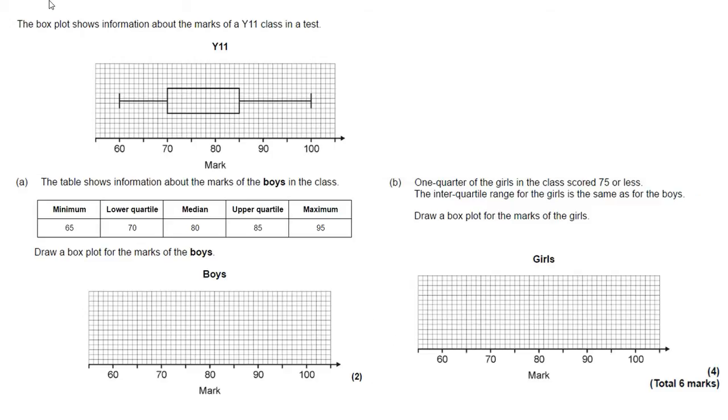Okay, so this box plot shows information about the marks of a whole year 11 class in a test. So I'm just going to write, this is the whole class. In other words, what we're doing is splitting the class, in part A into boys and in part B into girls. But before we do that, let's just have a look at the information given to us on this box plot.